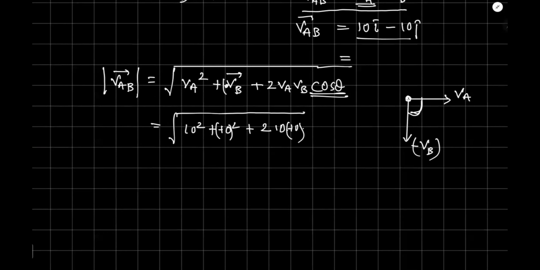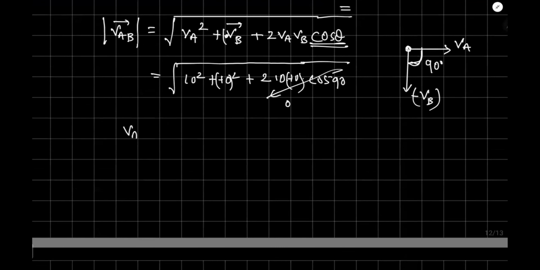And what is the angle between them? It is 90 degree. So it is cos 90. तो आपको पता है this term will become 0. So I can say the magnitude of vector A with respect to B is nothing but 10 root 2 meter per second. If you see the direction, this one is your velocity of A with respect to B, and this angle is going to be 45 degree.